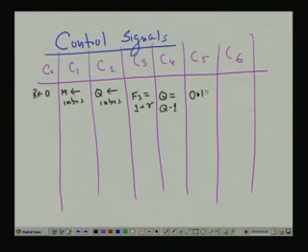So, we can write out bus is assigned to R, and then this is the completion, that R is F. So, these are the 7 control signals. So, we need 7 control signals.